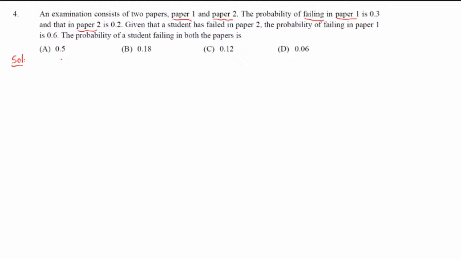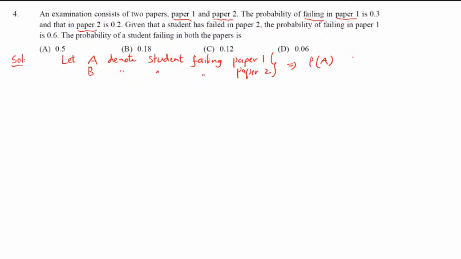So first, let A denote the student failing paper 1, and B denote the student failing paper 2. From this information already given, P of A is equal to 0.3 and P of B is equal to 0.2.